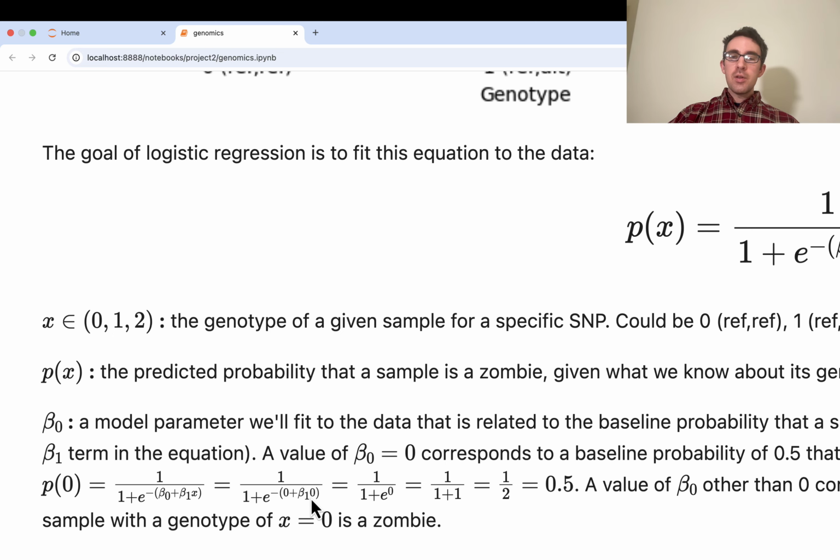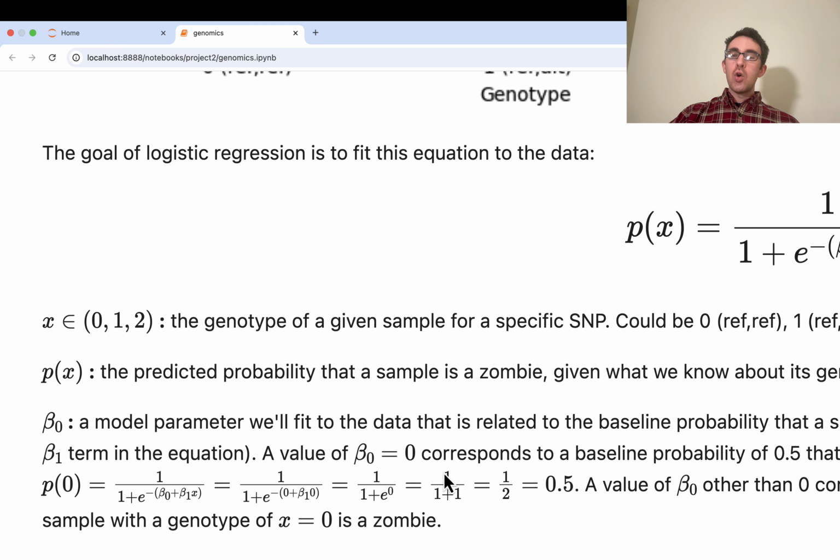Then the whole exponent is just 0 plus 0 times beta 1, which is 0. No matter what the value of beta 1 is, the whole top of the exponent becomes 0. So we get the probability equals 1 over 1 plus e to the 0 power, which, remember, anything to the 0 power is just 1.